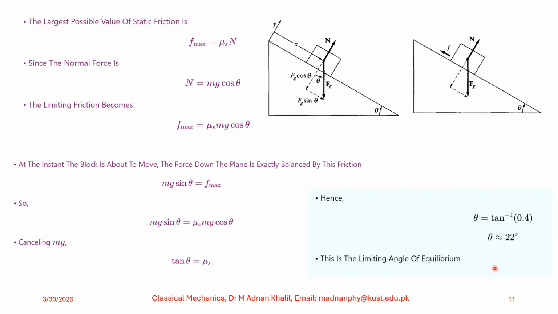That comes out to be 22 degree. So what this 22 degree means is that if you make theta greater than 22 degree, the block will slide down, because that will be the maximum value of the static friction. And if you make this smaller than 22 degree for this block of mass m, the block will be in static equilibrium.